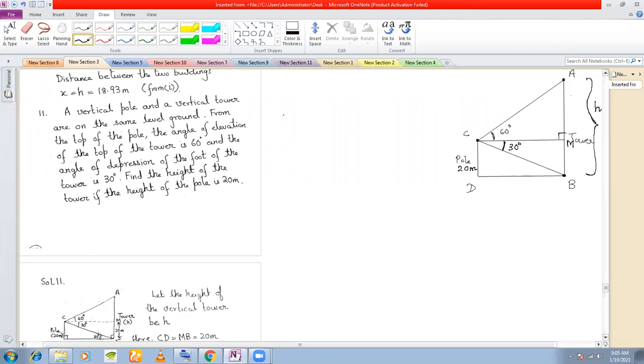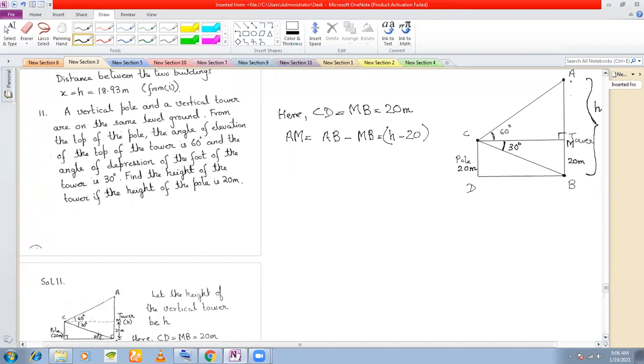Okay. Now first we must observe here that CD, the length of the pole, must be equal to MB, which is equal to 20 meters. Okay. AM is equal to AB minus MB, which is equal to H minus 20.